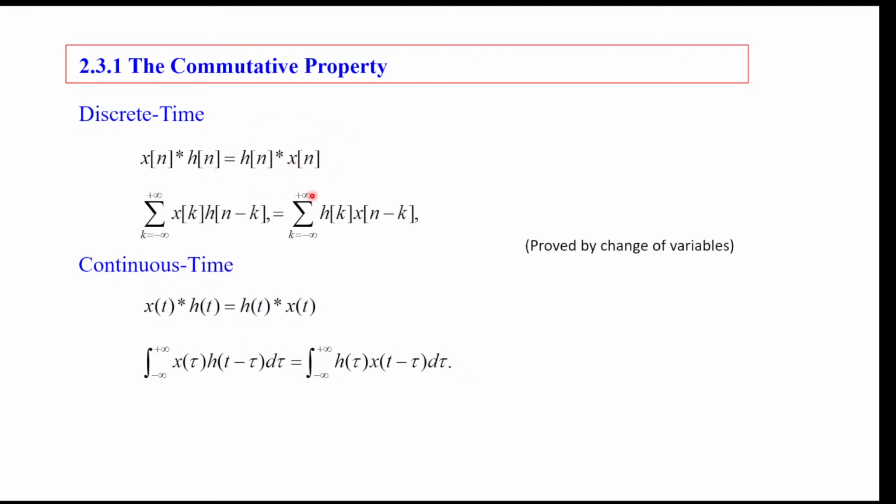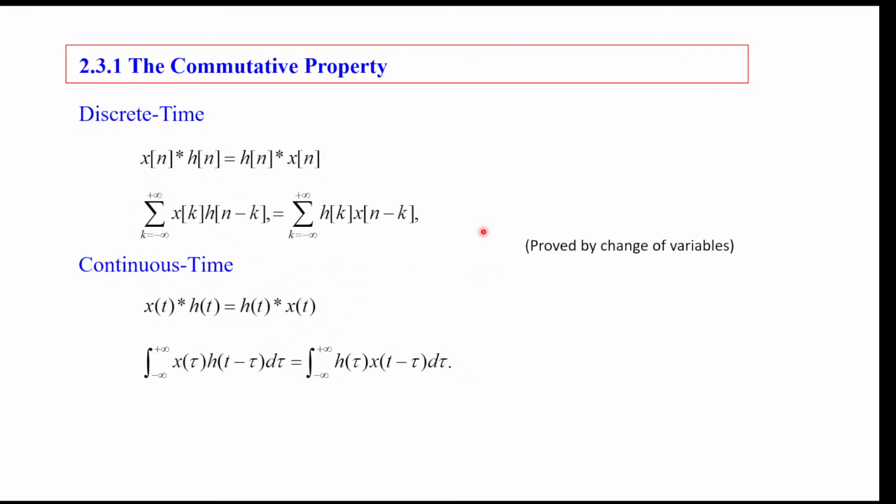This is quite clear by itself. So x of n convolved with h of n equals h of n convolved with x of n. This is true for any x of n and h of n, and similarly for continuous time: x of t convolved with h of t equals h of t convolved with x of t.